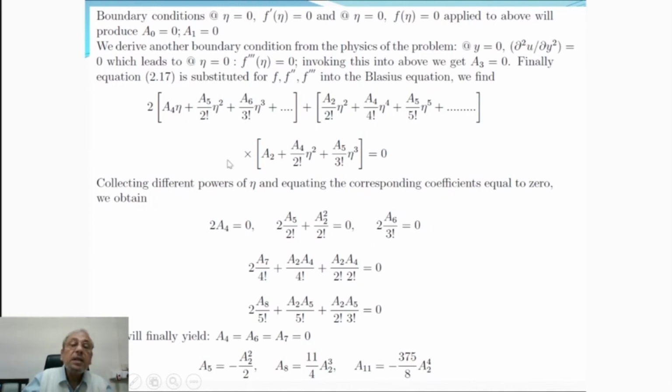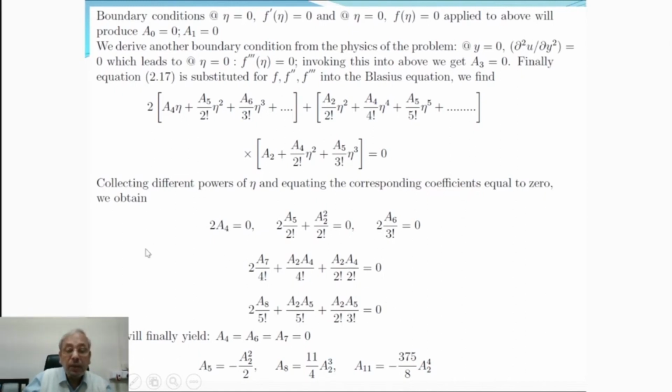In the similar way, we find twice a7 by factorial 4 plus a2a4 by factorial 4 plus a2a4 by factorial 2 into factorial 2. We get twice a8 by factorial 5 plus a2a5 by factorial 5 plus a2a5 divided by factorial 2 into factorial 3 equal to 0.